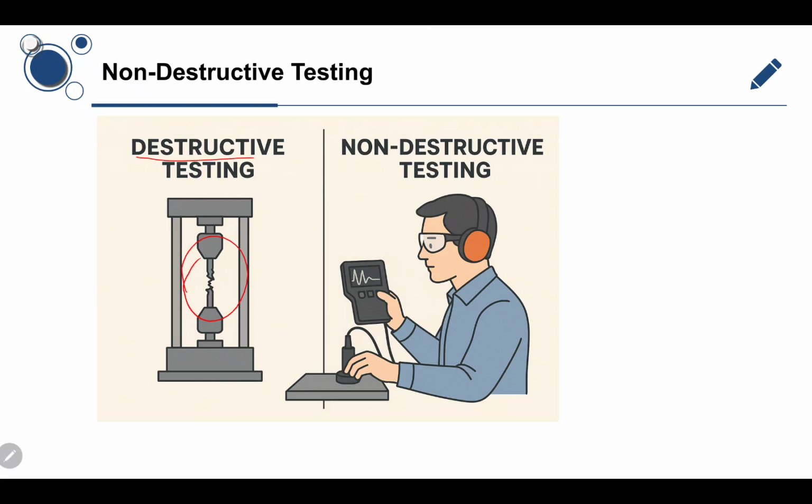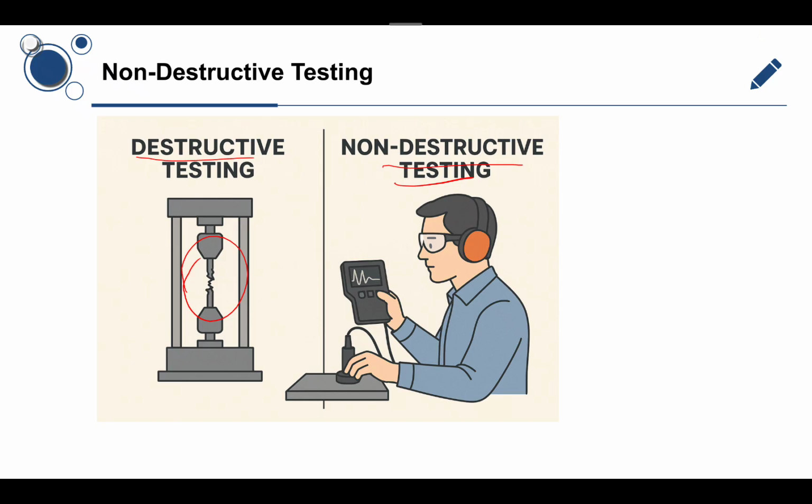Non-destructive testing allows us to inspect material without causing any damage. It is an essential part of quality assurance and inspection. It allows us to evaluate materials, components and structures without causing any damage. By using NDT, industries can prevent failures, extend asset life and reduce costly shutdowns.